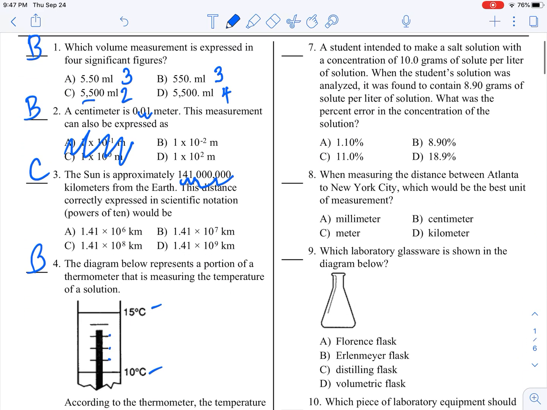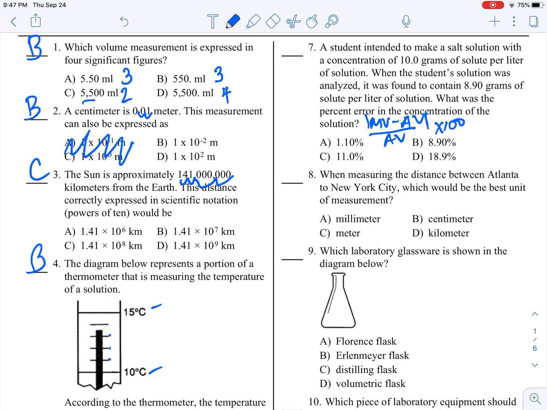A student intended to make a salt solution with a concentration of 10 grams of solute per liter of solution. When the student's solution was analyzed, it was found to contain 8.90 grams of solute per liter. What is the percent error? So remember, the formula for percent error is on reference table T. It doesn't really matter how you subtract, so you can take absolute value, it's going to be positive, divided by the actual, multiplied by 100.